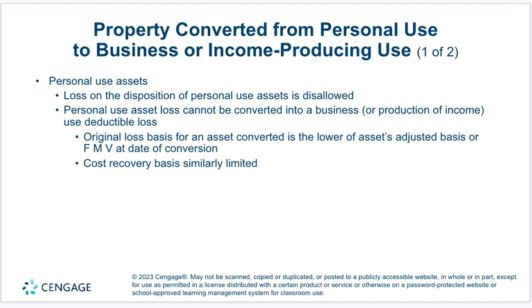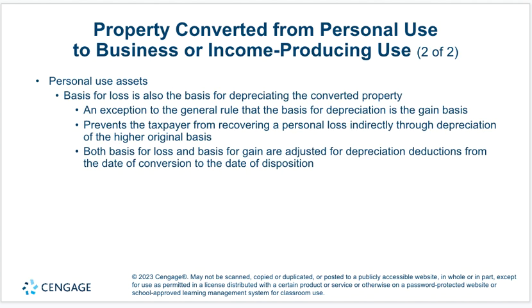The original loss basis for an asset converted is the lower of the asset's adjusted basis or fair market value at the date of conversion, and then cost recovery basis is similarly limited. And so the basis for the loss, when we're looking at personal use assets, is also the basis for depreciating the converted property.